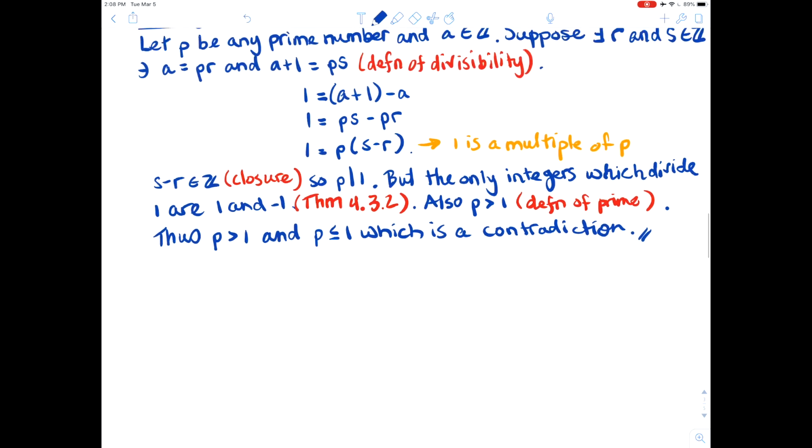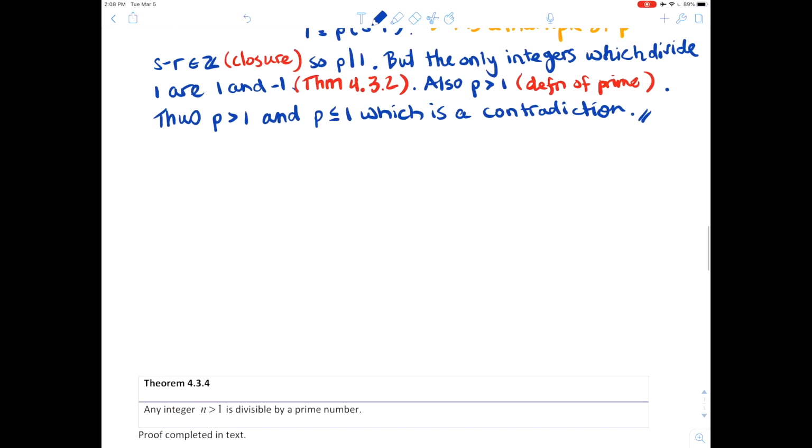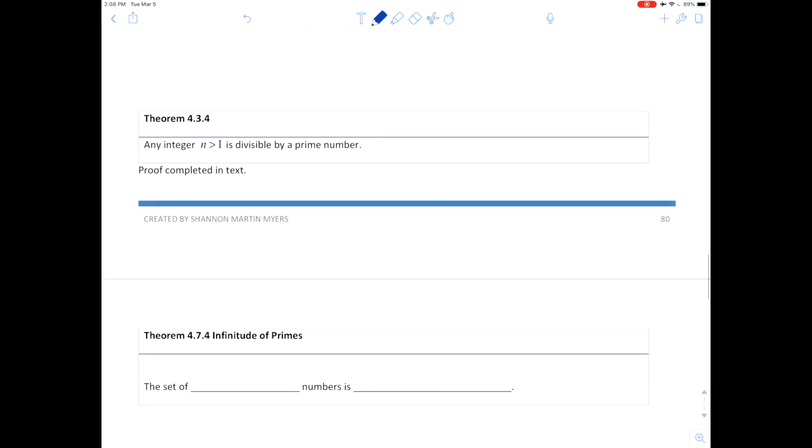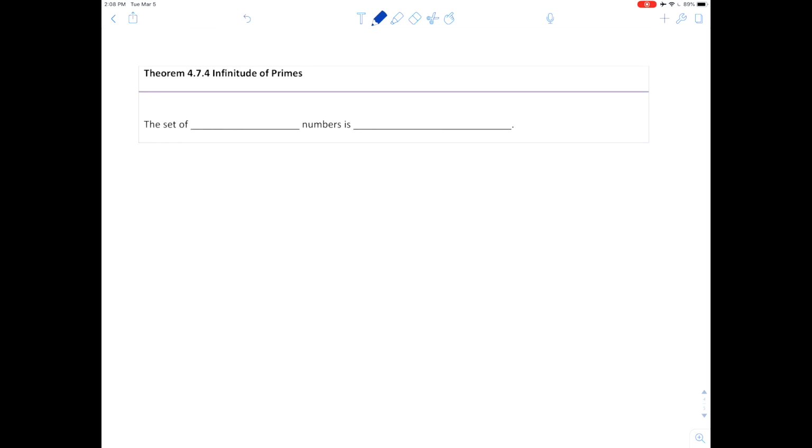So we're going to use these two things here, this proposition and theorem, to prove this next theorem. And this next theorem says that the set of prime numbers is infinite. All right? So we'll do a proof by contradiction.